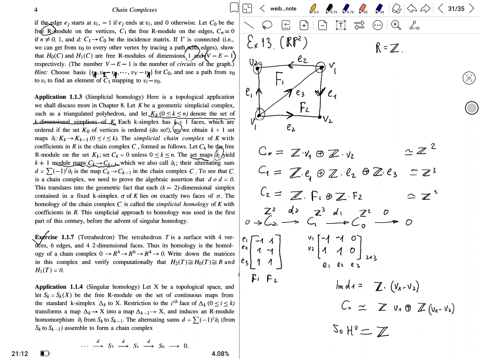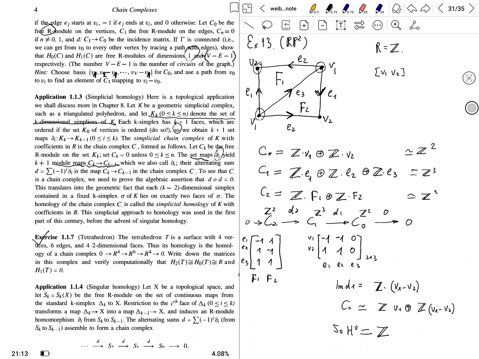And then similarly we define C0, C1, C2. Correspondingly, there are three Z-modules with bases: C0 with basis the two vertices V1, V2, and C1 with basis the three edges E1, E2, E3. Don't be confused, though E1, E2 seem both equal to V1, V2.